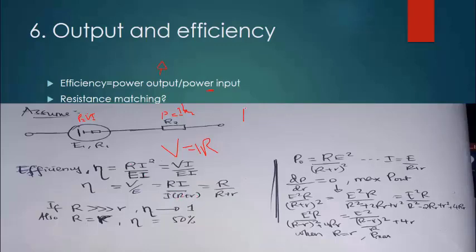Maybe I should tell you why the EMF is given by this formula, I(R plus r). This is because the EMF is equal to the total power that this battery can give when it is not connected to any cell.